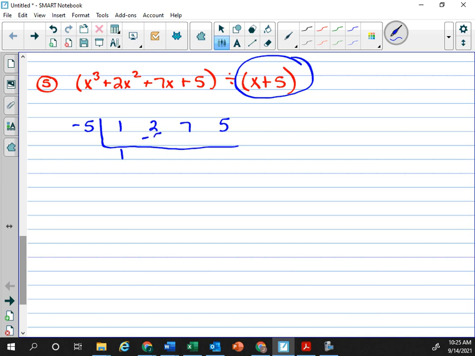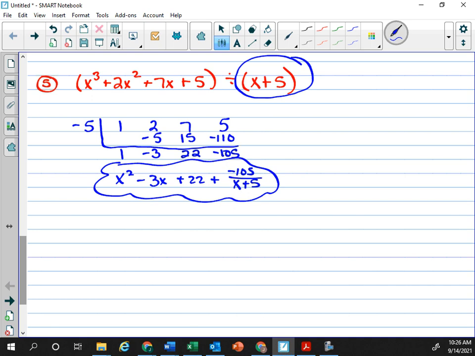So 1, negative 5, 3, 15, 22, negative 110, negative 105. Okay, so your answer should have been x squared minus 3x plus 22 plus negative 105 over the x plus 5.